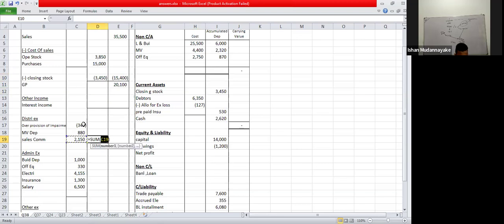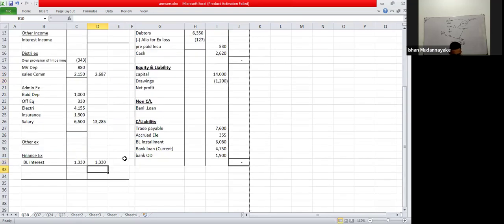The distribution expenses, administration expenses, the total expenses 70,302.